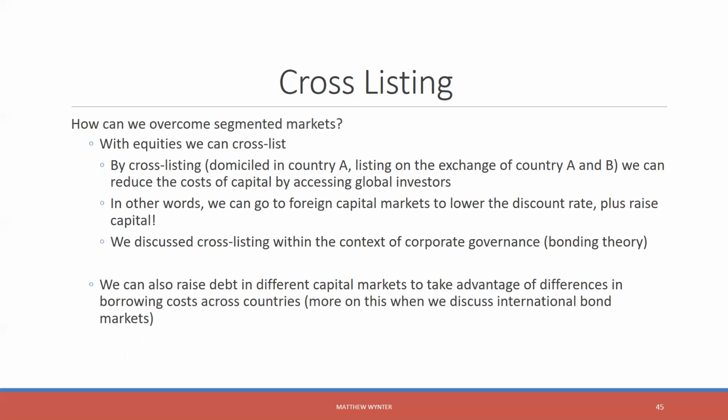Okay, so with equity, we can cross-list, and in cross-listing, it's awesome because we get access to investors who really aren't in our local market. Because they're not in our local market, they're not exposed to the same cash flow risk that they would be if they were in our local market. That diversification means that they have a lower required return for holding our firm.